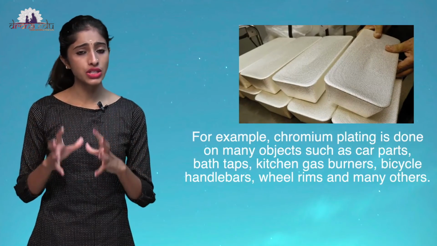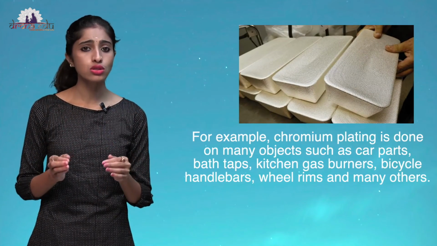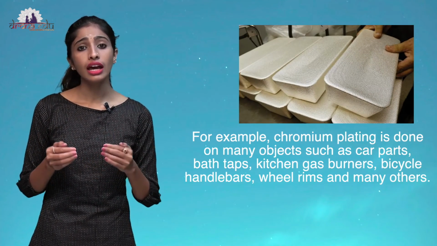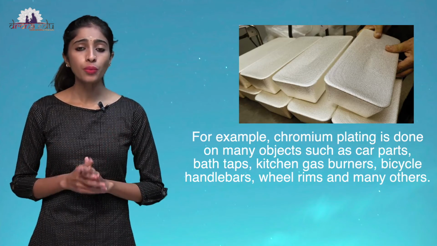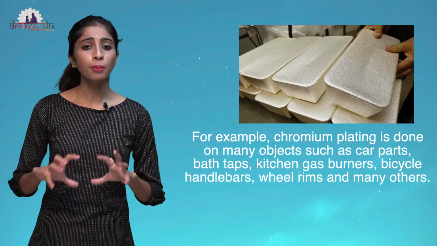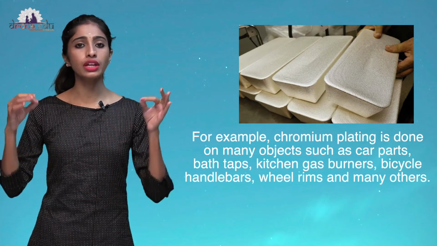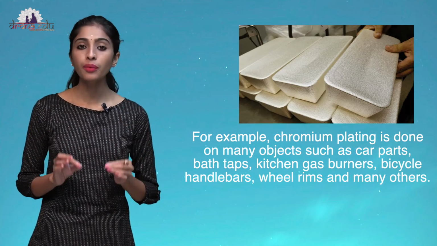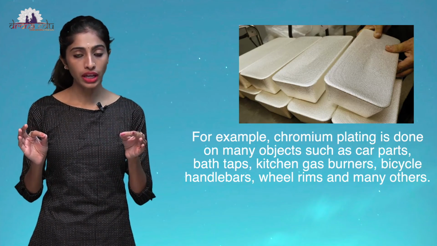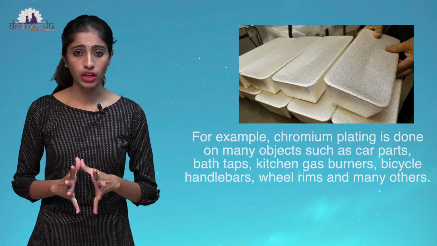For example, silver is less shiny than gold and also lower in price. So to make it look like gold, people do electroplating on silver so that it looks like gold. This is the desired property I'm talking about.